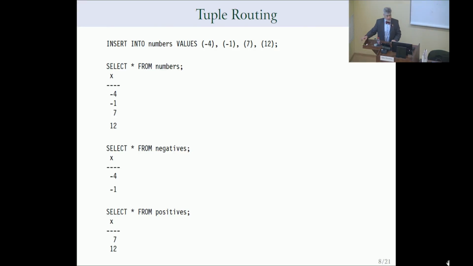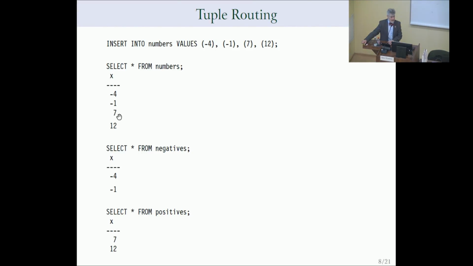How does this actually work? Well, if I insert both positive and negative numbers into the numbers table, you'll notice that all of the negatives have gone into the negatives table automatically, and all the positives have gone to the positives table, even though if I ask for numbers in the numbers table, the numbers appear proper.